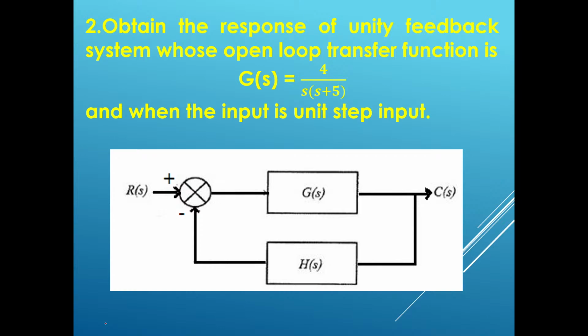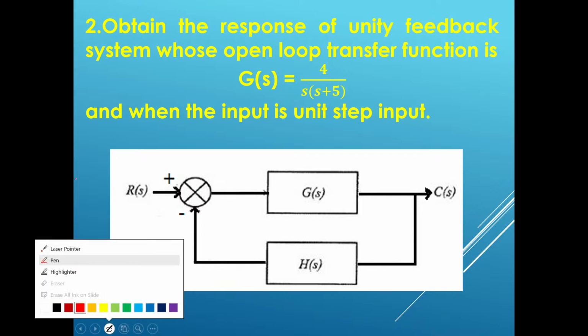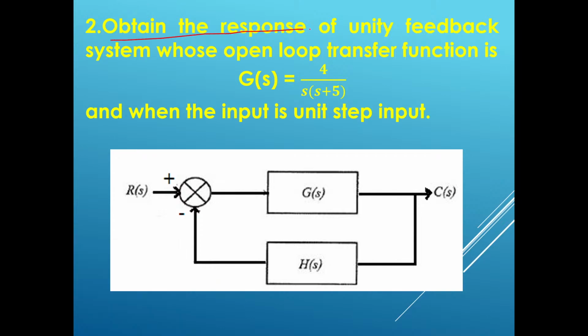Okay, this is the numerical problem. Obtain the response of a unity feedback system whose open loop transfer function is G of s equal to 4 by s into s plus 5, when the input is a unit step input. This is the unity feedback system. R of S is the input and C of S is the output.